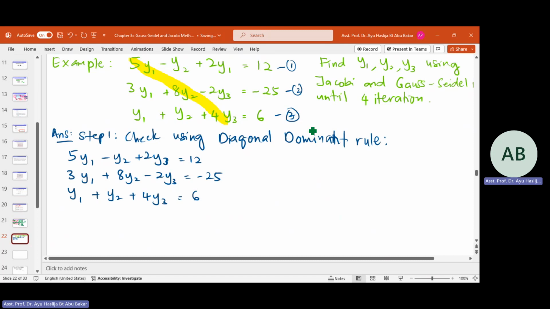So later you can compare your answer with the matrix answer. Now, for example, we have these 3 equations. Find the y1, y2, and y3 using Jacobi and Gauss Seidel. Okay, along the way, I will explain what is Jacobi and Gauss Seidel. First step here, you must check the diagonal dominance first, whether it meets or not.